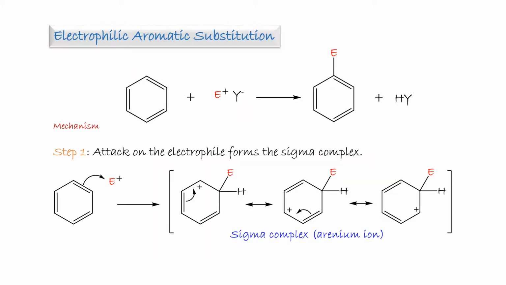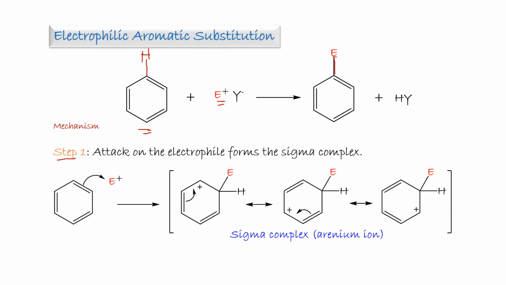Briefly, what we covered last lecture is the reaction of benzene with an active electrophile leads to substitution, where the carbon-hydrogen bond in benzene is replaced by a carbon-electrophile bond.